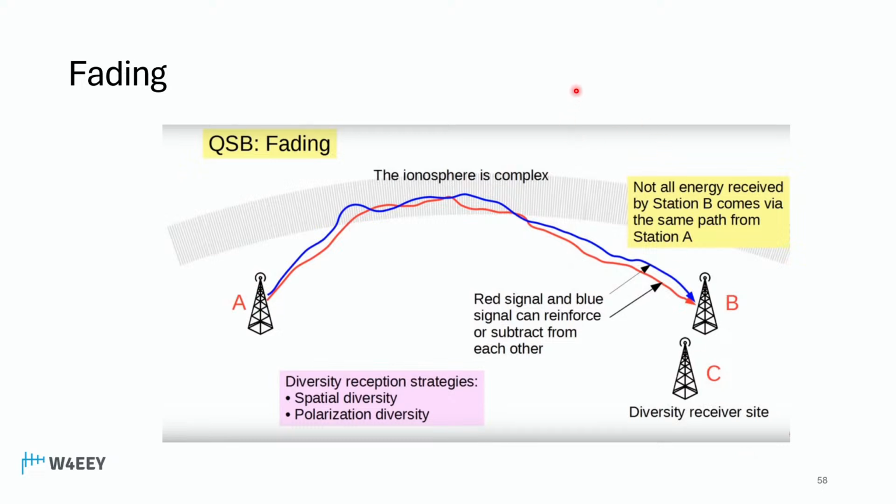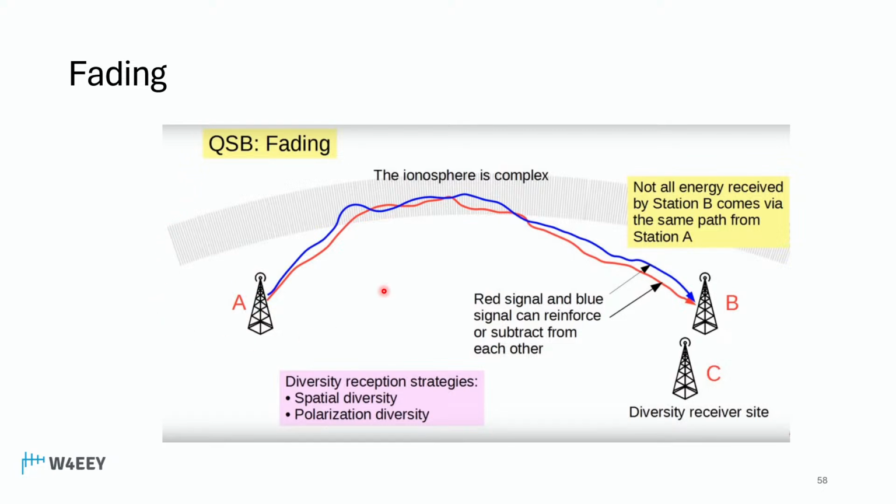Now, fading is something that most of us experience, and the ionosphere is complex. Well, that is a super major understatement. It is very complex. So, not all energy at station B comes via the same path from station A. Remember, we talked about the ordinary and extraordinary waves. Because these things can cancel one another due to signals coming via different paths or different reflections, they might be canceling each other, causing fading.